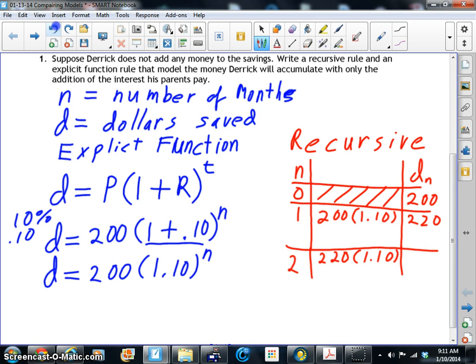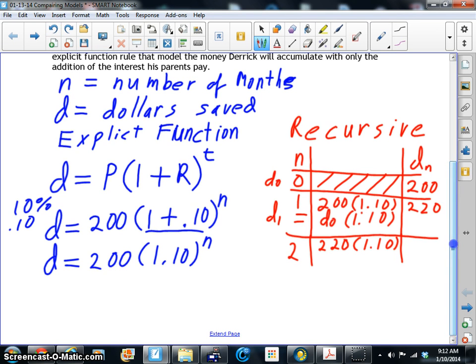Since this is D sub 0, this is actually D sub 1. That's equal to the original thing, D sub 0, times 1.10. That gives us the formula we're going to use. Remember, this one relates to this particular number.